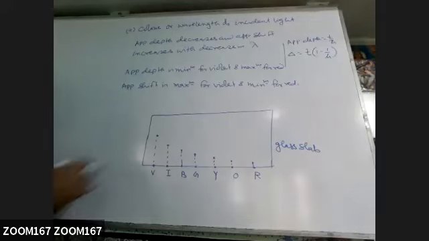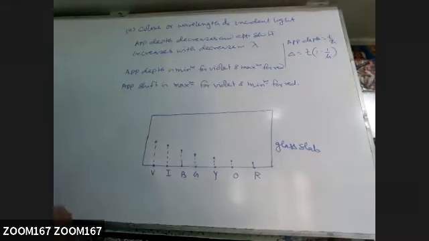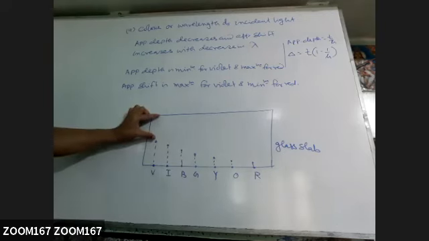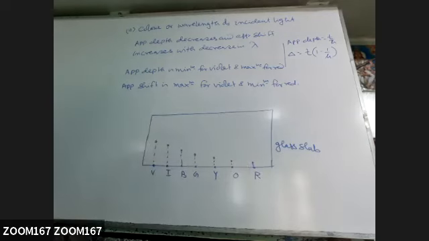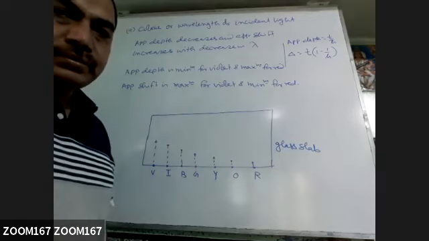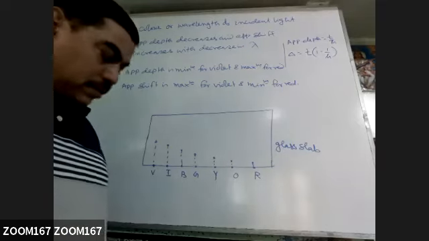So this apparent shift will not be the same. Apparent depth of violet is minimum, while apparent shift of red is minimum and apparent depth is maximum. Understood? Yes, sir.